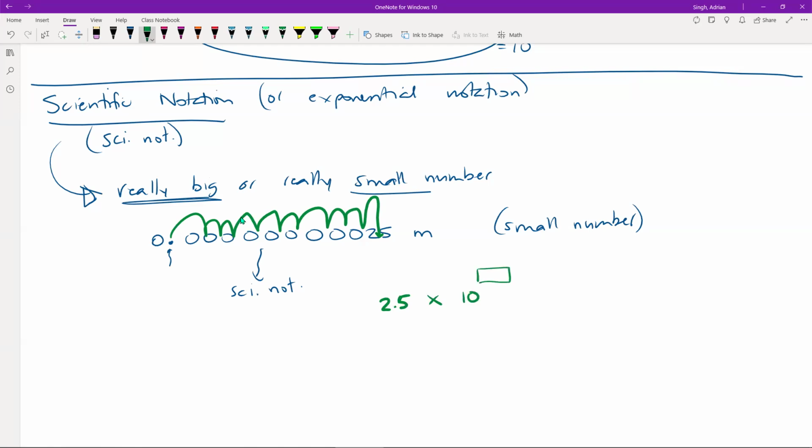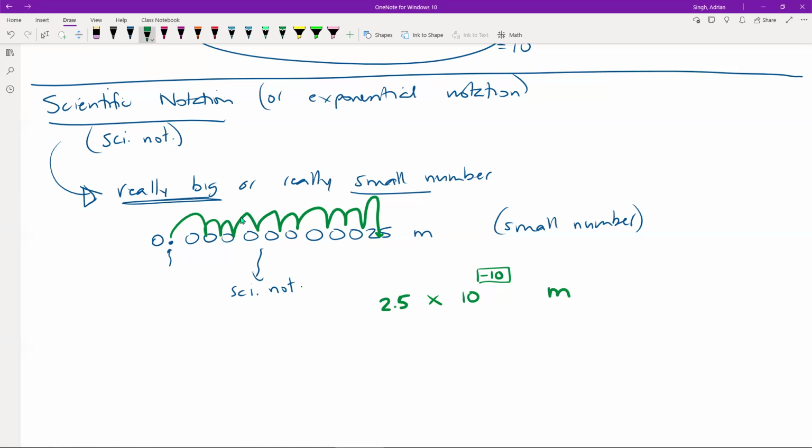And the power is how many places I have to move that decimal point. So I moved it 10 places. And if I had to move it to the right, that my exponent there is going to be a negative value. So this ends up being 2.5 times 10 to the negative 10, and then one unit there, meters.